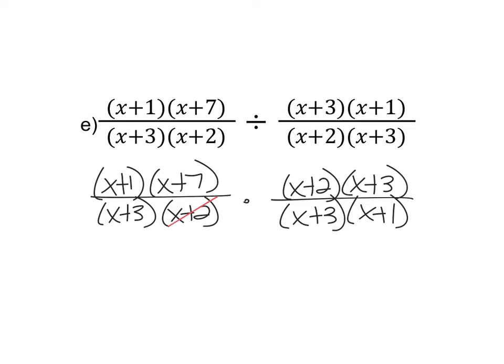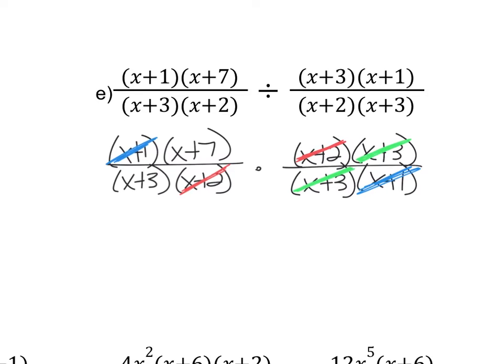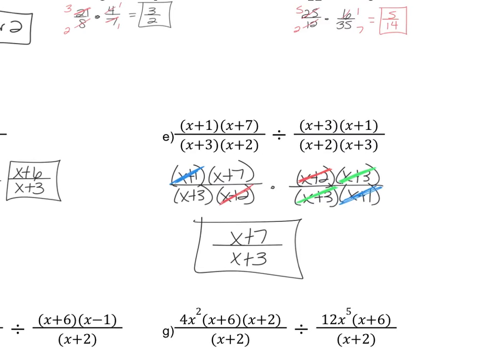I see x plus 2 and x plus 2, x plus 1 and x plus 1. Looks like there's 2 x plus 3's on the bottom and 1 on top, so you can only cancel out 1. It doesn't matter, pick one. I'm going to pick this one just because they're closer together. So those cancel, and all that's left is x plus 7 over x plus 3. Parentheses are optional.